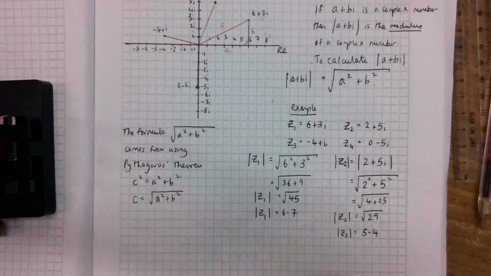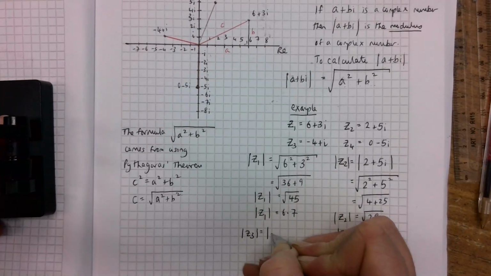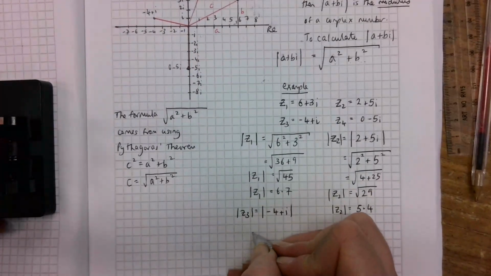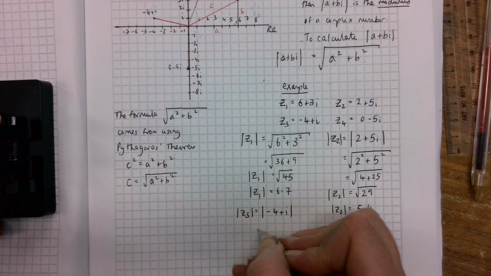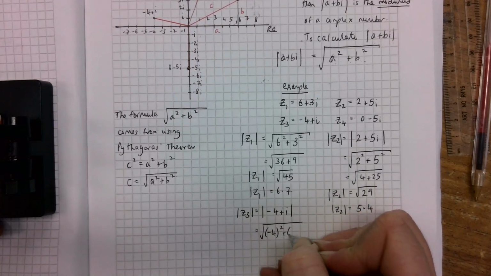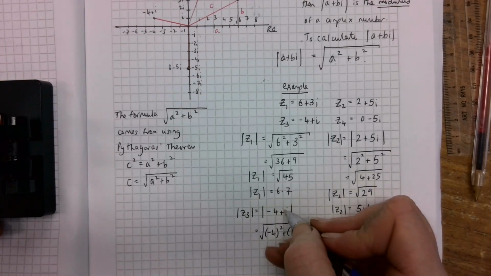The modulus of z3 is the modulus of minus 4 plus i. With negative numbers on your calculator, it's always best to put them in brackets because the calculator gets confused. And i is the same as 1i, so I'm just going to pop a 1 there.